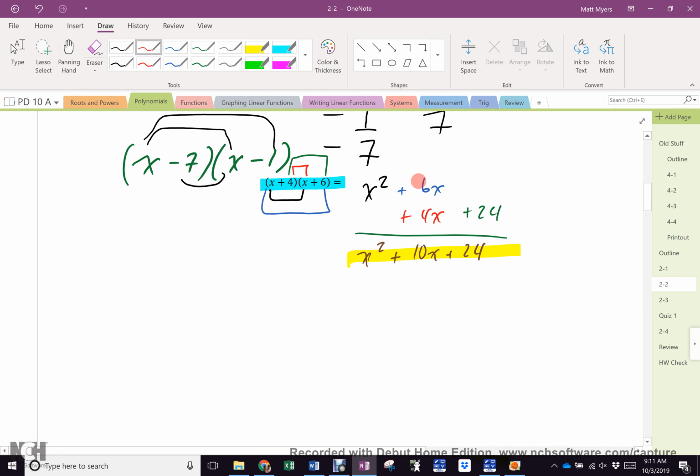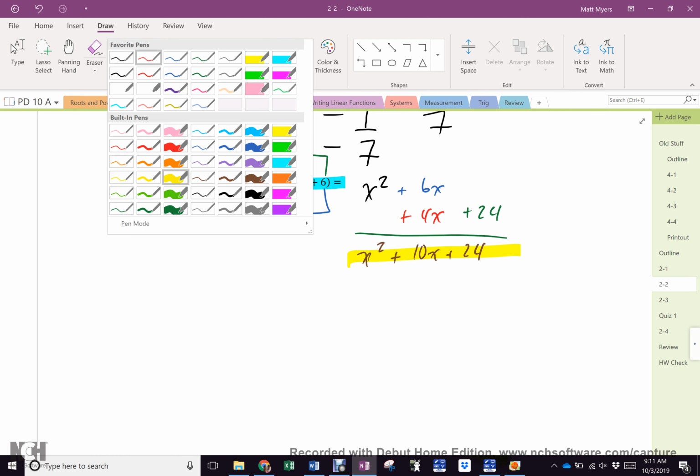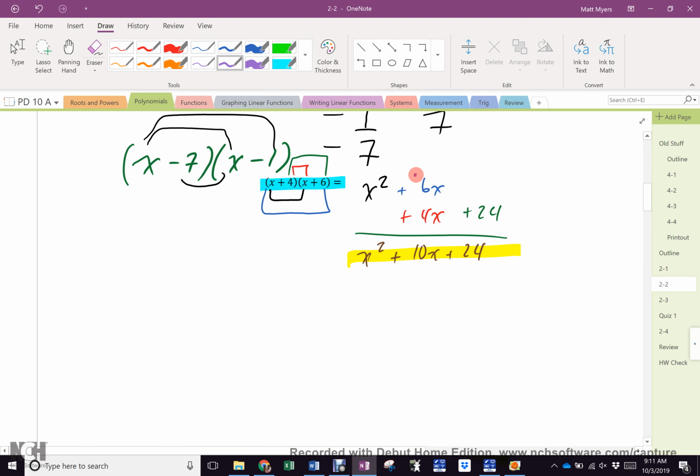What do you notice about, and I'll use purple, about 6, 4, and 10? They added. What do you notice, and I'll use dark blue, about 6, 4, and 24? They multiplied. It happened once right here, yes?